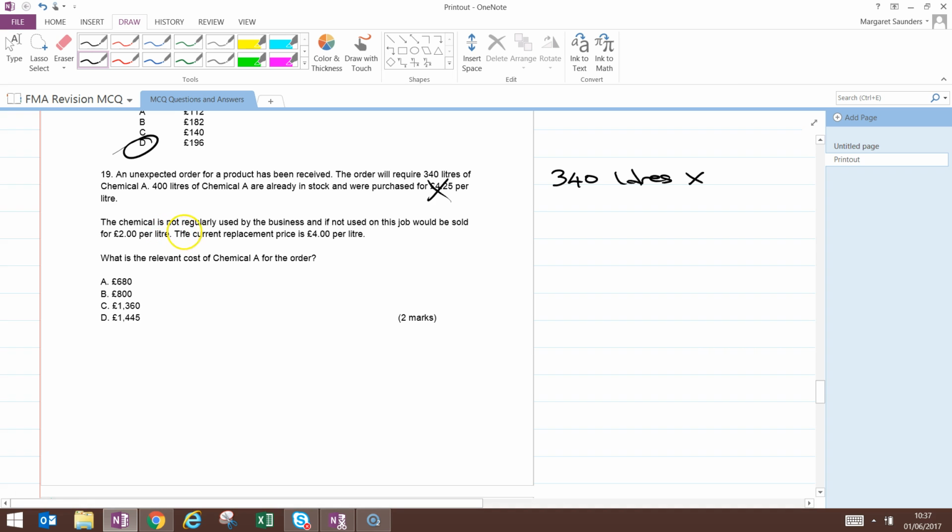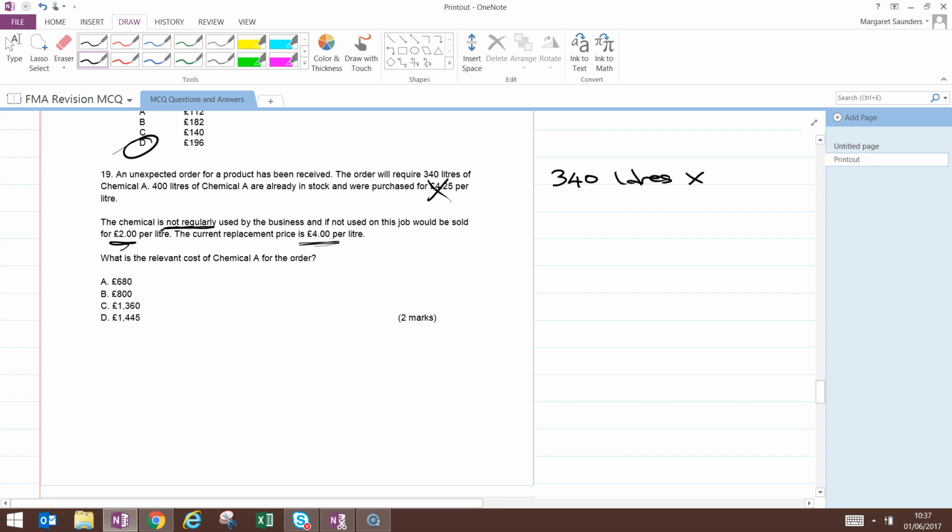The chemical is not regularly used by the business, and if not used on this job would be sold for £2 a litre. The current replacement price is £4 a litre. So do we use £2? Do we use £4? So again, important word, not regularly.